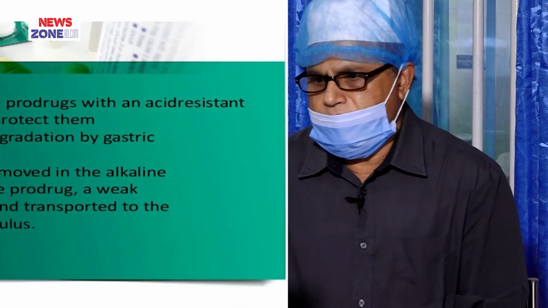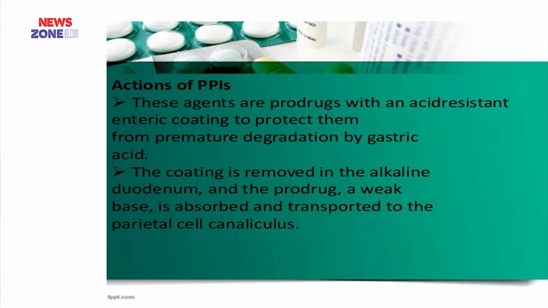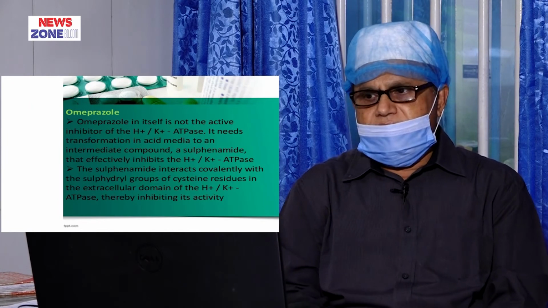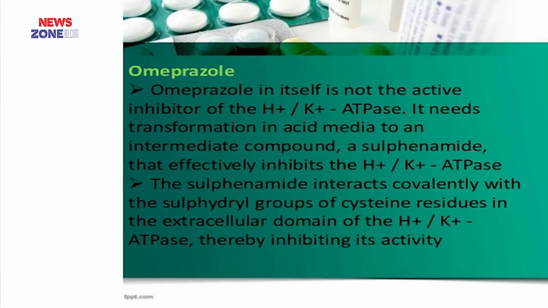Action of proton pump inhibitors. These agents are prodrugs with an acid-resistant enteric coating to protect them from premature degradation by gastric acid. The coating is removed in the alkaline duodenum and the prodrug, a weak base, is absorbed and transported to the parietal cell canaliculus. Omeprazole in itself is not the active inhibitor of hydrogen potassium ATPase.